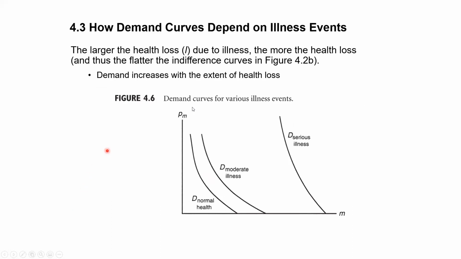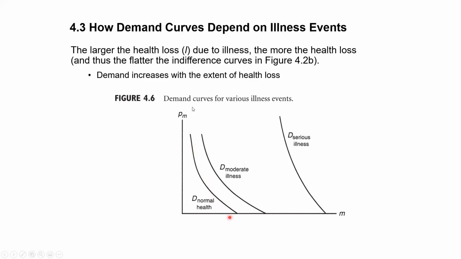Also, when you look at how the demand curve will be affected by the severity of illness, we would see in this figure the relationship between the price of your medical services and the consumption of these medical services. You notice that as the price increases, there will be less consumption of medical services. As the price decreases, there will be more consumption of medical services. So this is for normal health.